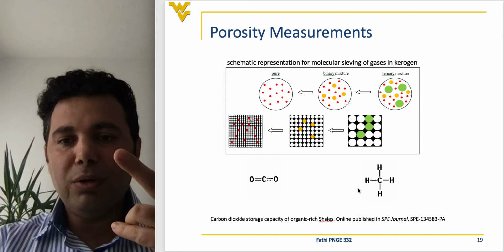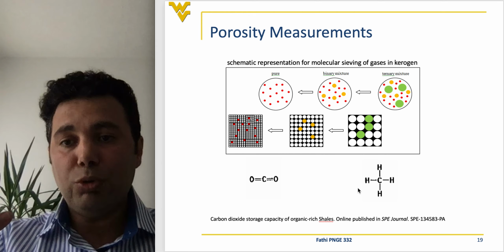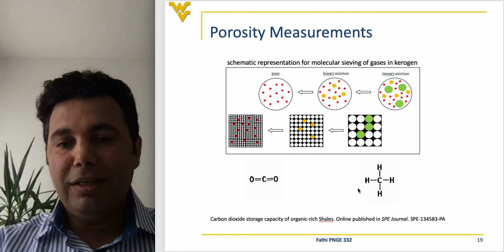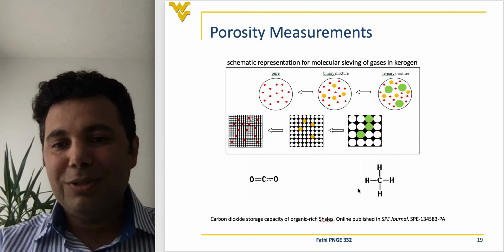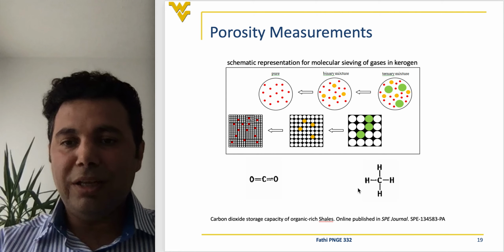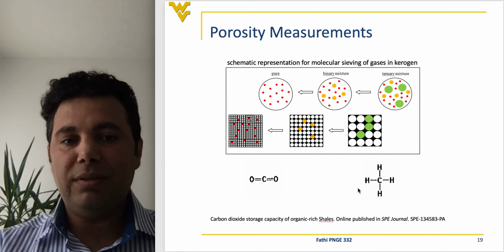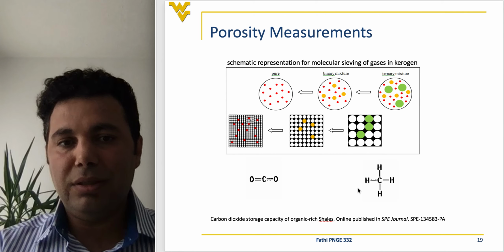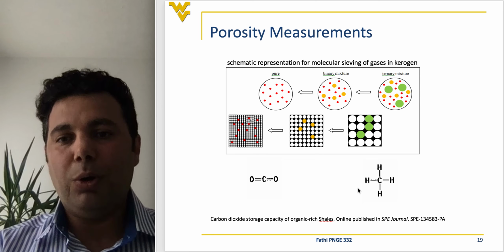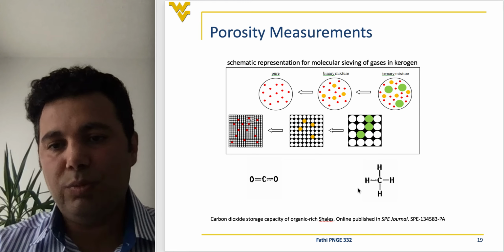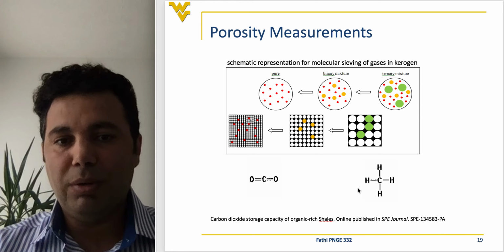Two of these molecules will be in contact with the wall, so 20% gone. And then you will have like 3 in the middle. You have to define the behavior of these 3 molecules in this case, which is very hard. You don't even have a phase with 3 molecules to define its properties.